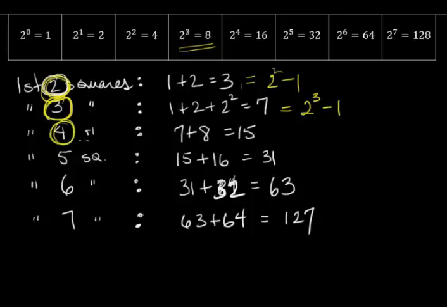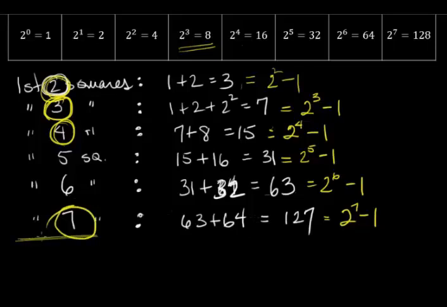On the first 4 squares, the sum of all of them, we get 15, which you see is 2 to the 4th minus 1. 31 is 2 to the 5th minus 1. 63 is 2 to the 6th minus 1. And 127 is 128 minus 1, which is 2 to the 7th minus 1. The sum of the first 7 amounts of pennies is 2 to the 7th minus 1 pennies.